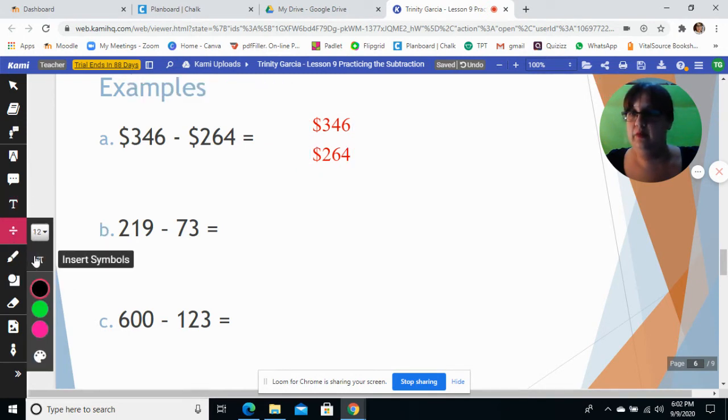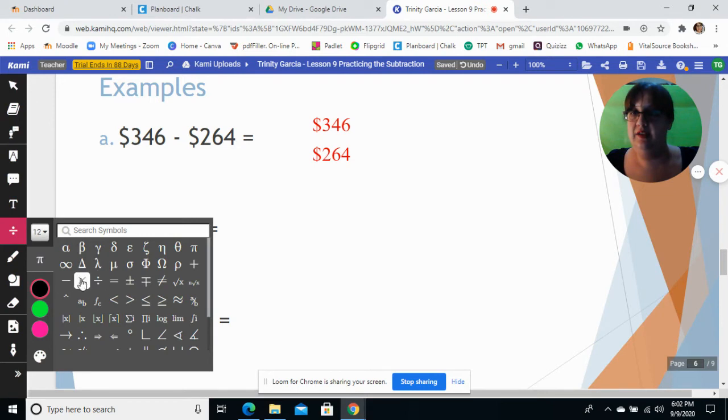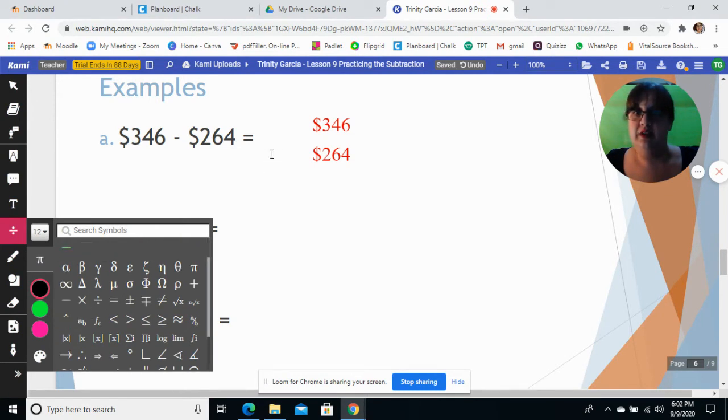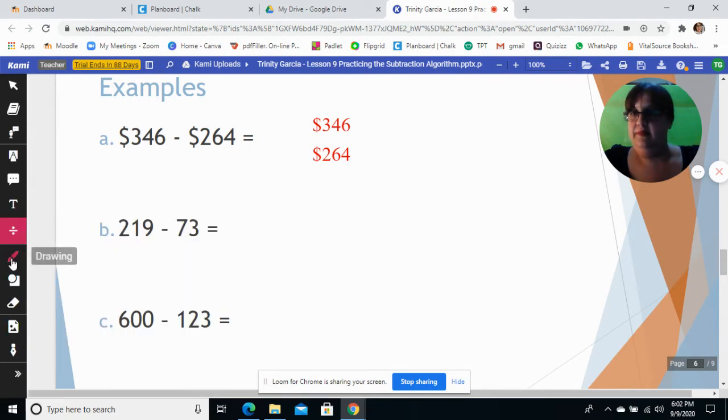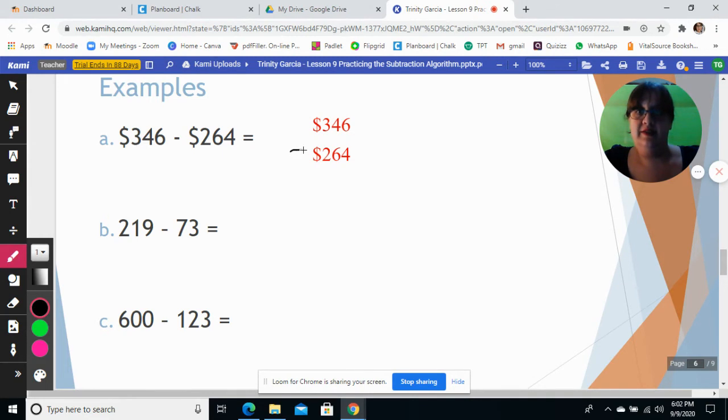And we're going to insert a little subtraction symbol here. If it will let us up here, it'll be better. Okay, it's not. We'll just draw it. We'll draw a little minus sign and we're going to draw our line. There we go, much better.